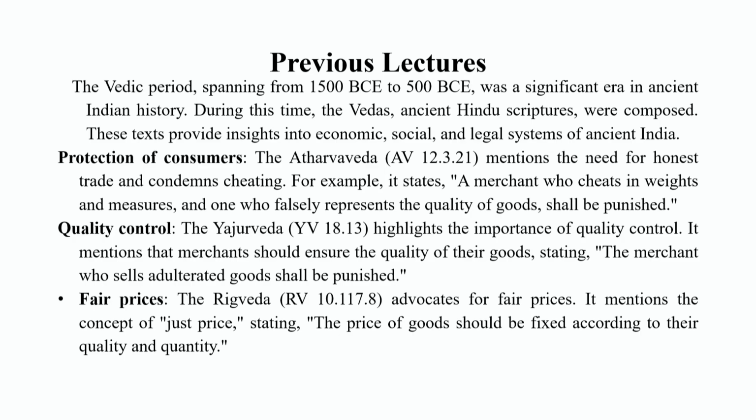In the last session, we discussed that the Atharvaveda has provisions mentioning the need for honest trade and condemning cheating. For example, in the Arthashastra, a merchant who cheats in weights and measures and one who falsely represents the quality shall be punished. That means there was a system of punishment, like in our modern competition law, in section 27.